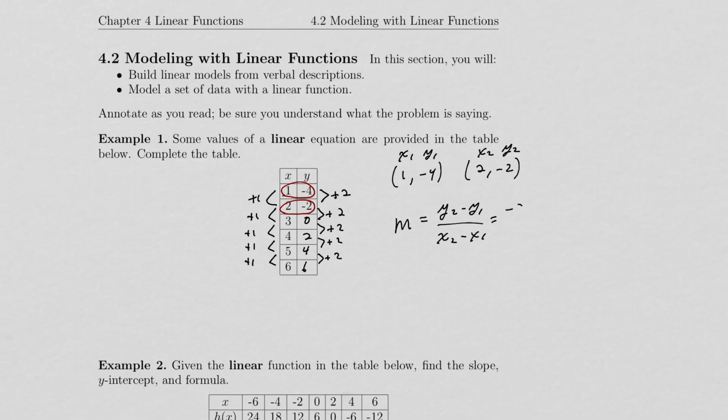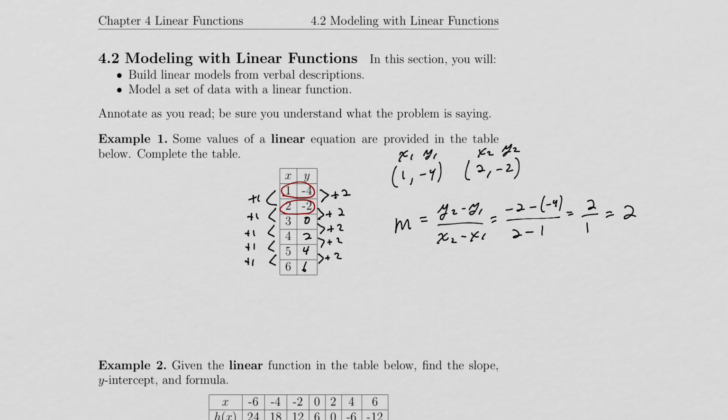So this is -2 minus a -4 over +2 minus 1. Well, -2 minus -4 is the same as -2 plus 4, which is +2, over 2 minus 1 is 1. So if you think about it, this is the rise, this is the run. This is the rise, this is the run. So the slope here is just +2.